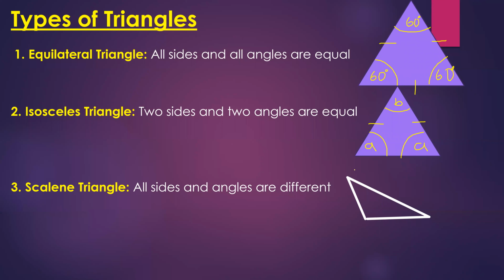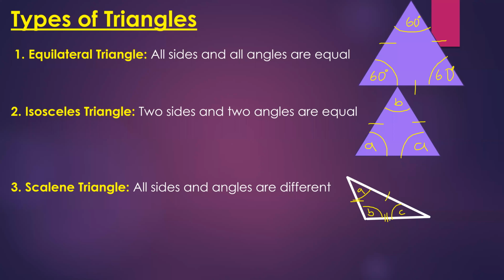So we're looking at something like A, B, and C. Again, none of the sides or angles are equal. We're looking at something like this, a double dash here and a triple dash here.